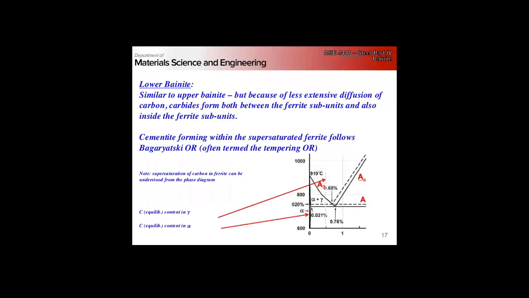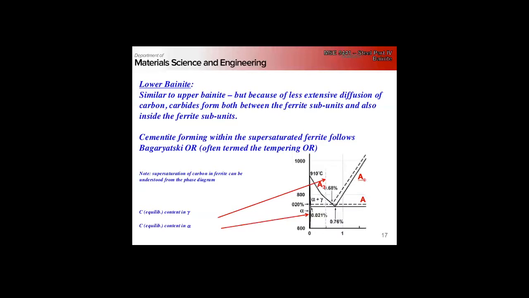Lower bainite is a little different, right? We have less extensive diffusion of carbon, right? So the carbides are going to form both between the ferrite laths and inside the individual ferrite substructure, right?